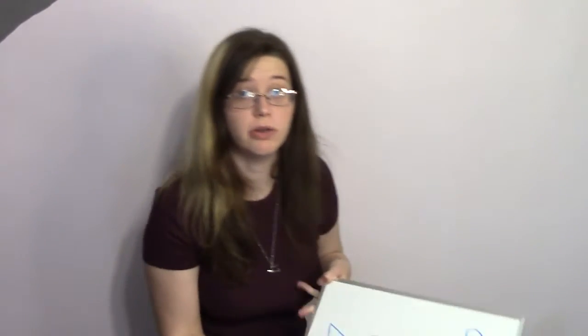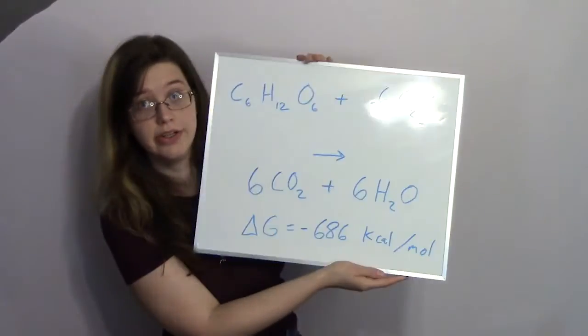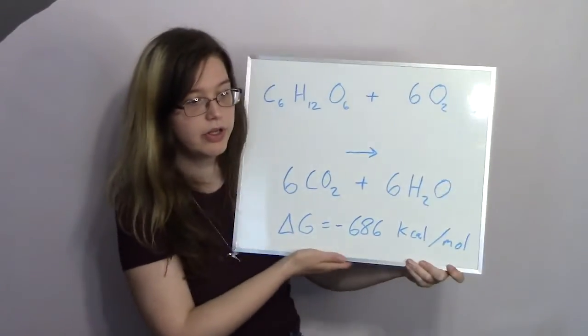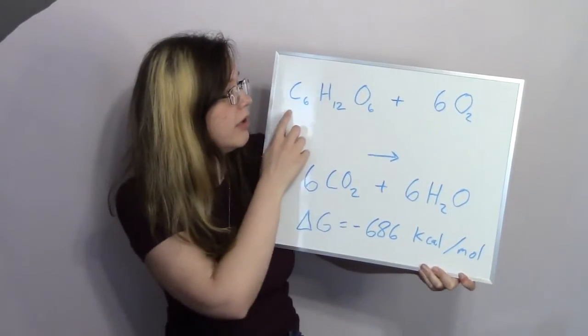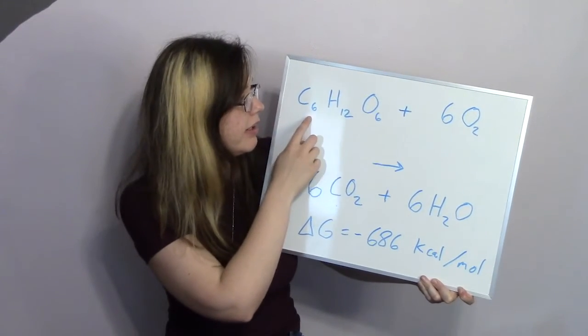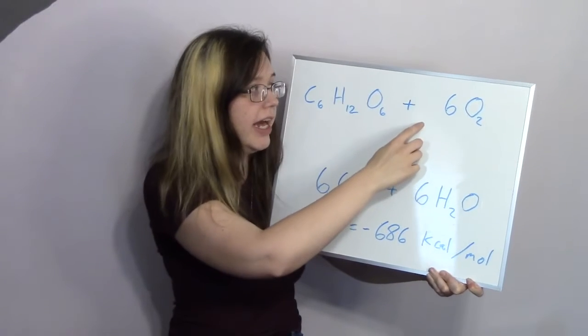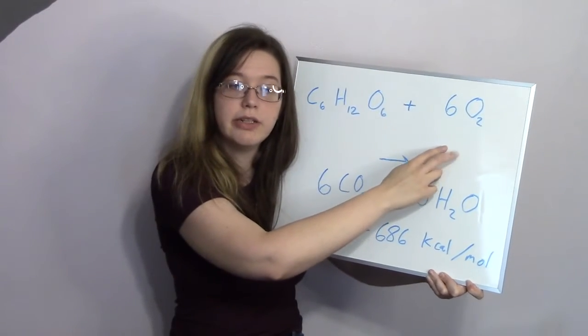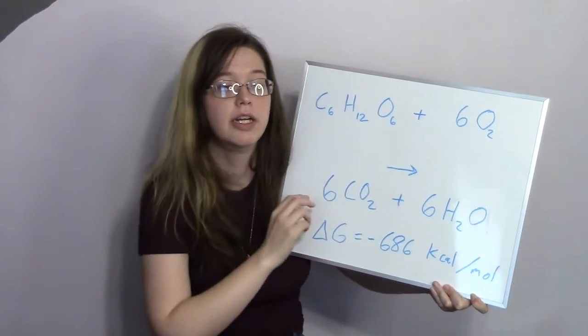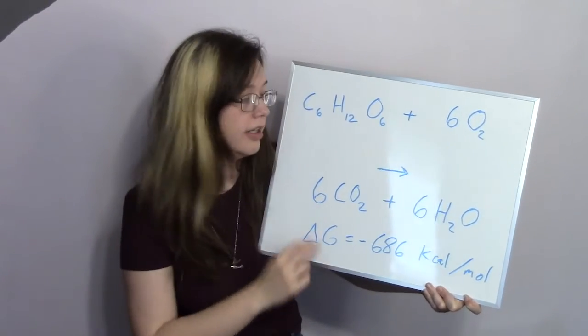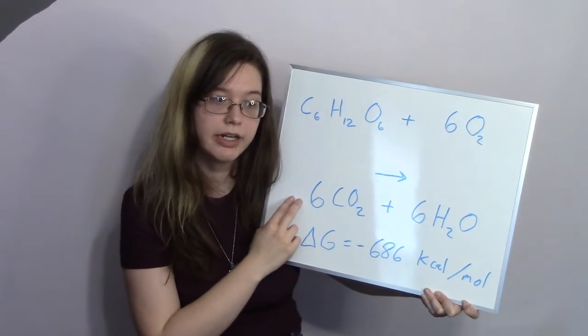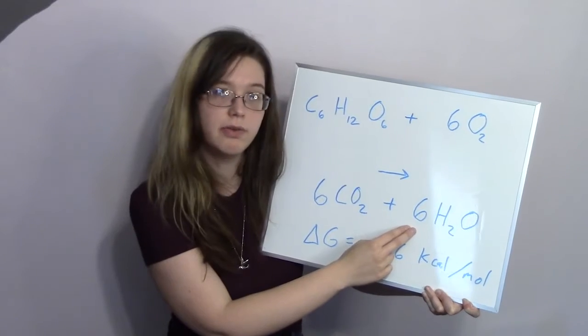The equation for aerobic cellular respiration with 1 molecule of glucose is this. We have 1 molecule of glucose, C6H12O6, and that is added to 6 molecules of oxygen, and it results in 6 molecules of carbon dioxide and 6 molecules of water.